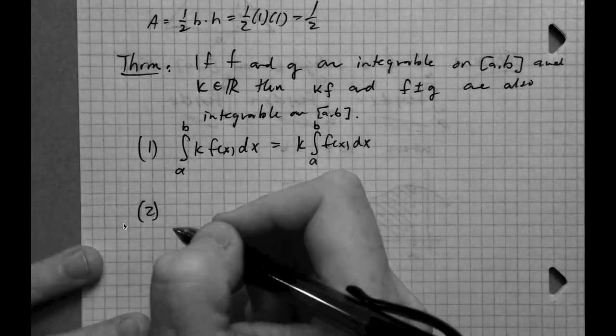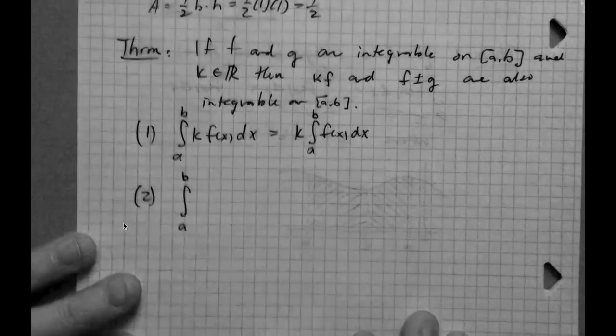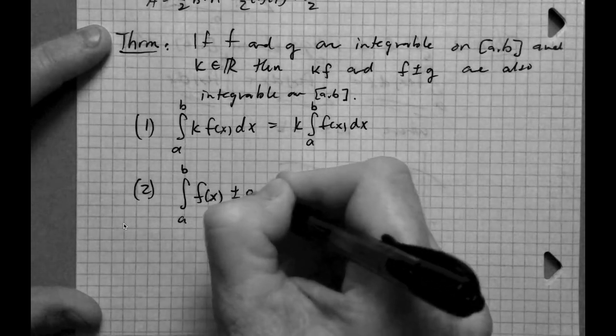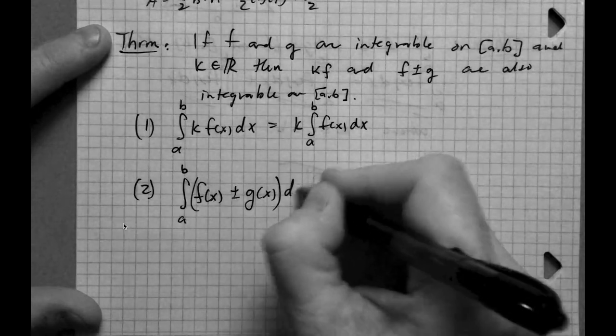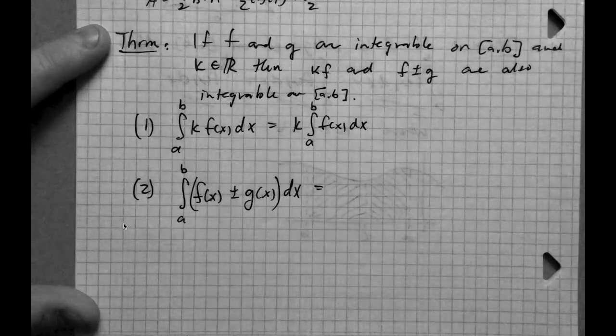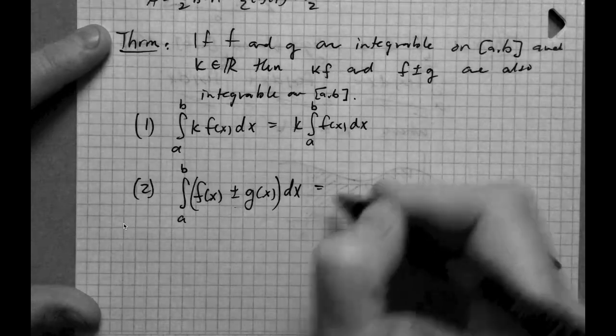And similarly, we saw this same thing for indefinite integrals as well, where if you have f of x plus or minus g of x, it's fine to break the integrand. That's what this piece here is called, the integrand. It's fine to break it apart.